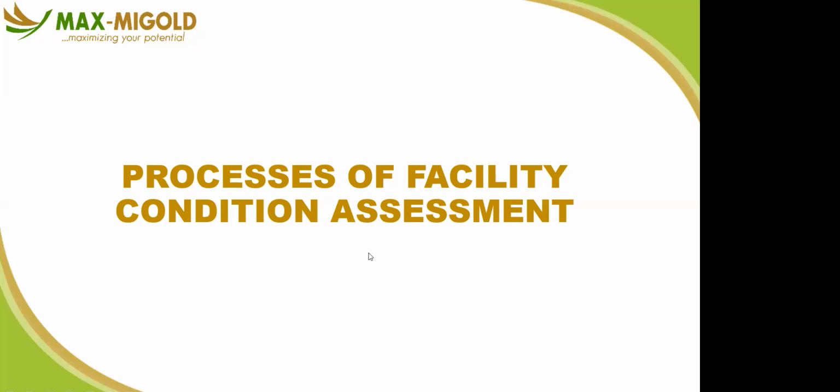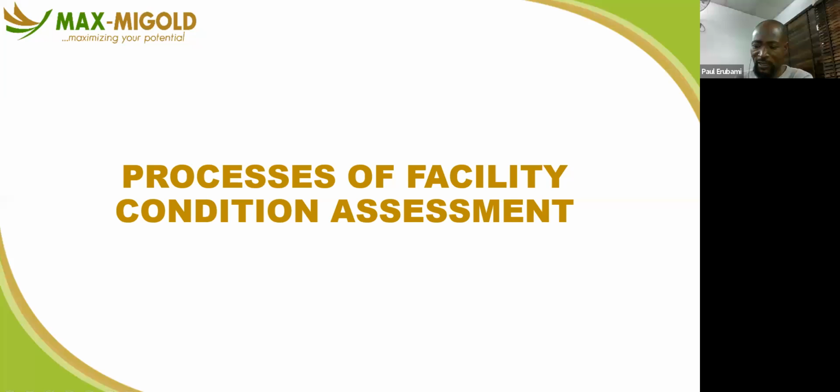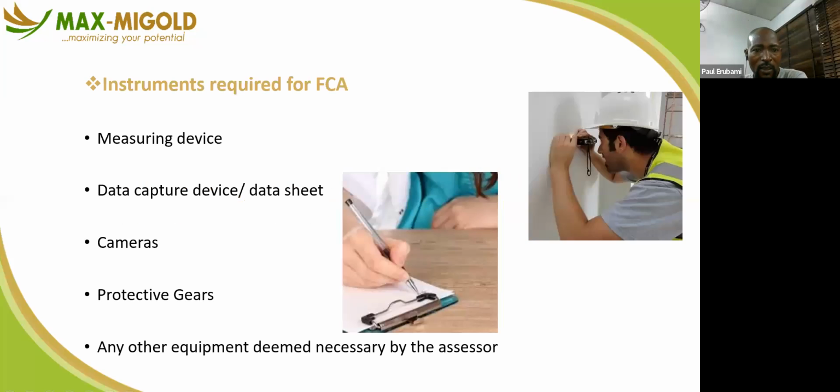So I said we're starting from the process of facility condition assessment. What are those processes? One, what are the instruments that you need to use when you want to conduct your facility condition assessment? The process starts from required instruments. Your instruments could be measuring devices, as small as a 5-meter measuring tape or infrared measuring tape. Data capturing devices like your camera, most of the time you could use your phone.